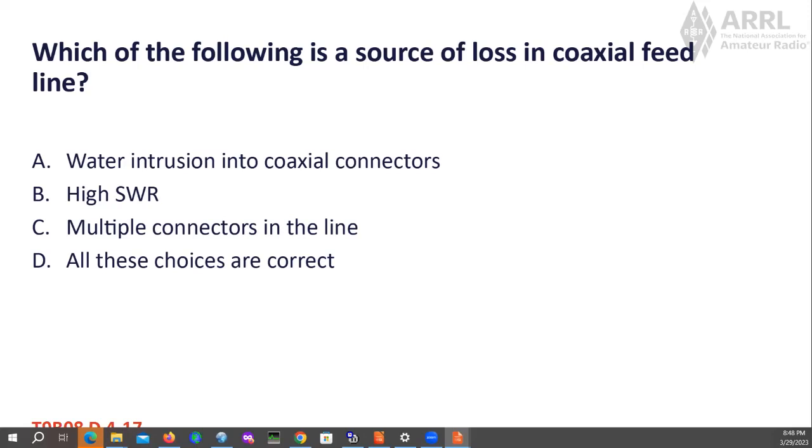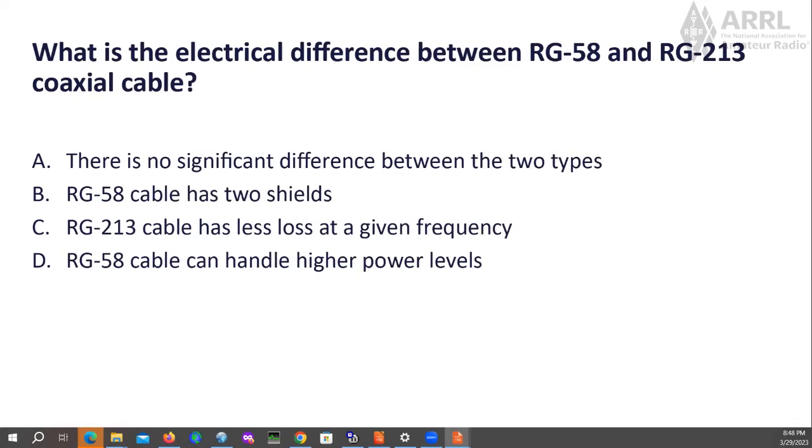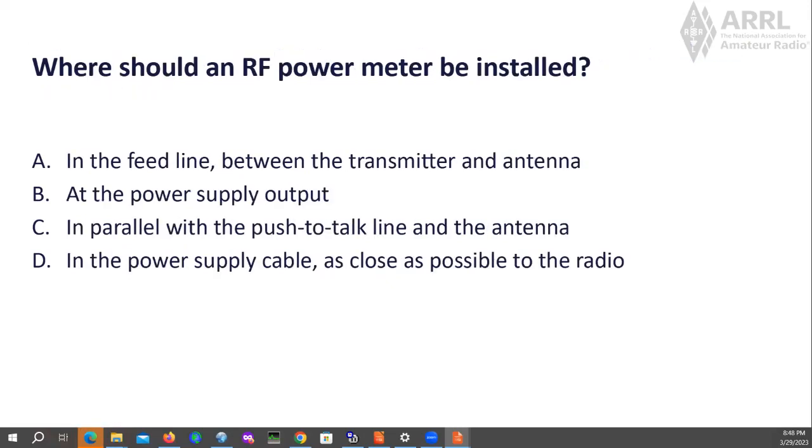And the answer is D, all of the above. All these choices are correct. What is the electrical difference between RG58 and RG213 coaxial cable? Answer C. RG213 cable has less loss at a given frequency. I think it also probably has more power handling capability too. It's larger.